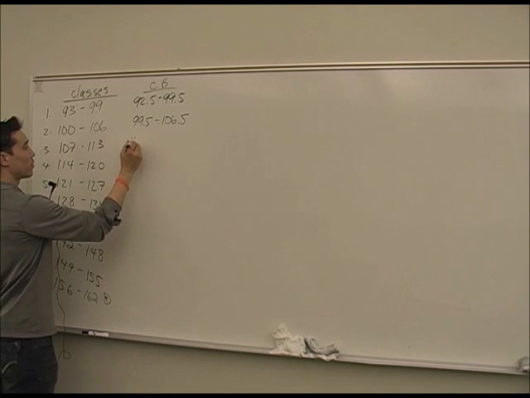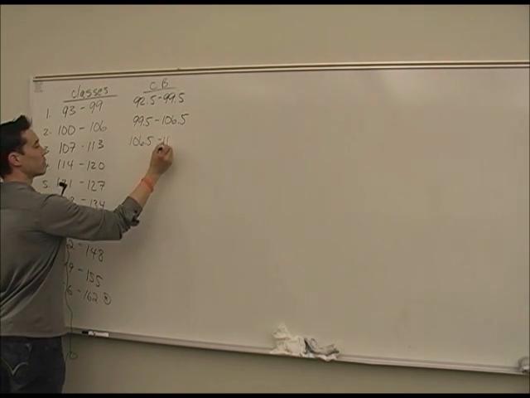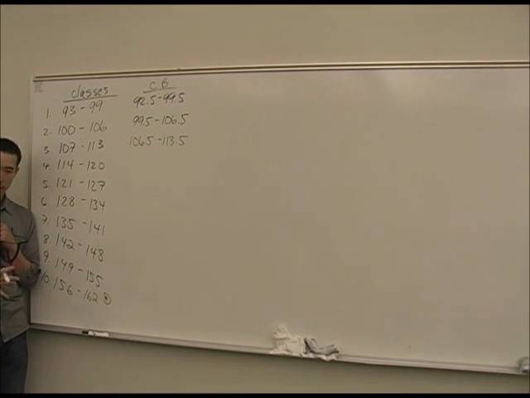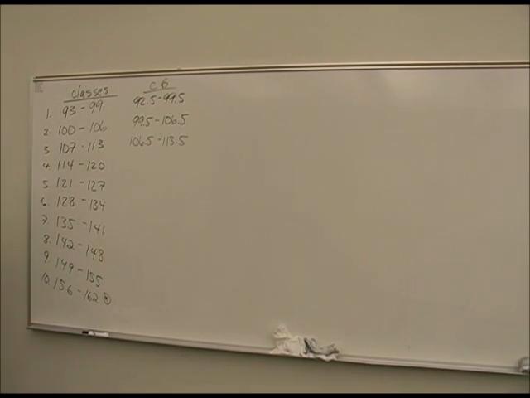And for the third one, you'll have 106.5 to 113.5. So on your own, go ahead and subtract 0.5 on the left number, add 0.5 to the right number, and finish that off.